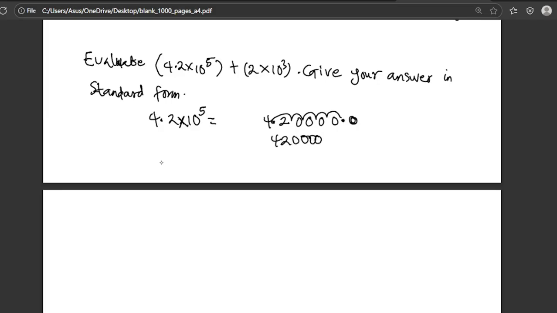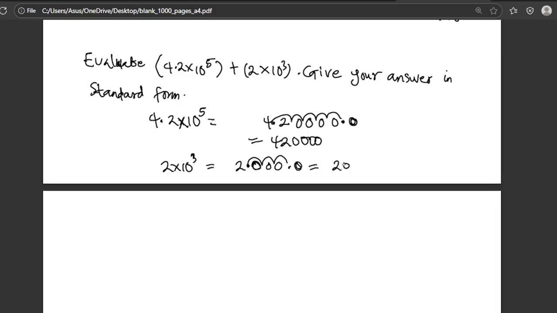Then 2 times 10 to the power 2. That's simply 2.0, with a whole number next to it. Then 10 to the power 2, plus 2, so move the decimal point to the right twice, and replace the empty places with zeros. That's 200.